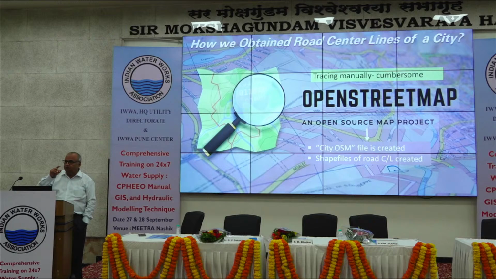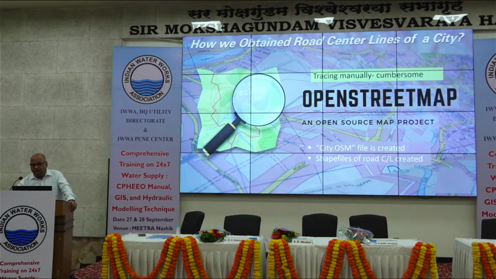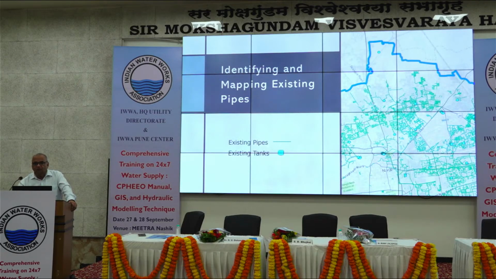So this is also free, where there is a group of people and everybody is contributing new areas, and it is added and then it is available to the rest of the world. So using this OpenStreetMap, in the case of Ayodhya, we could find the road center line and then we prepared this hydraulic model.